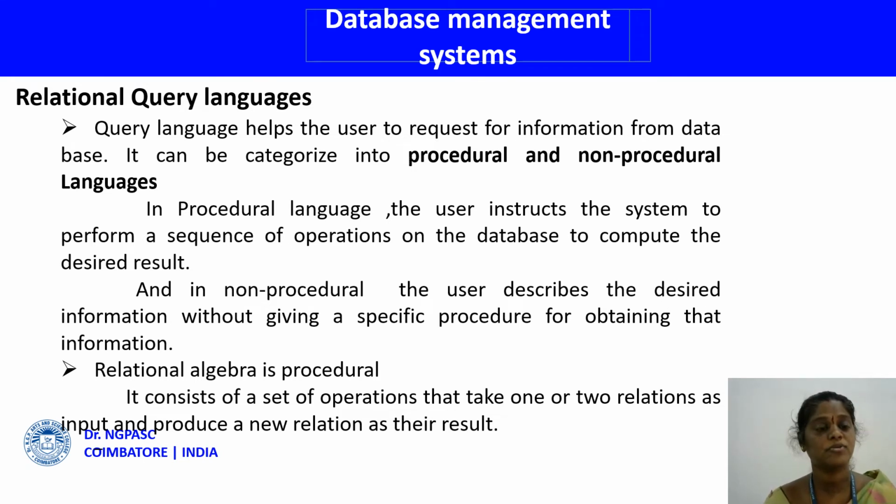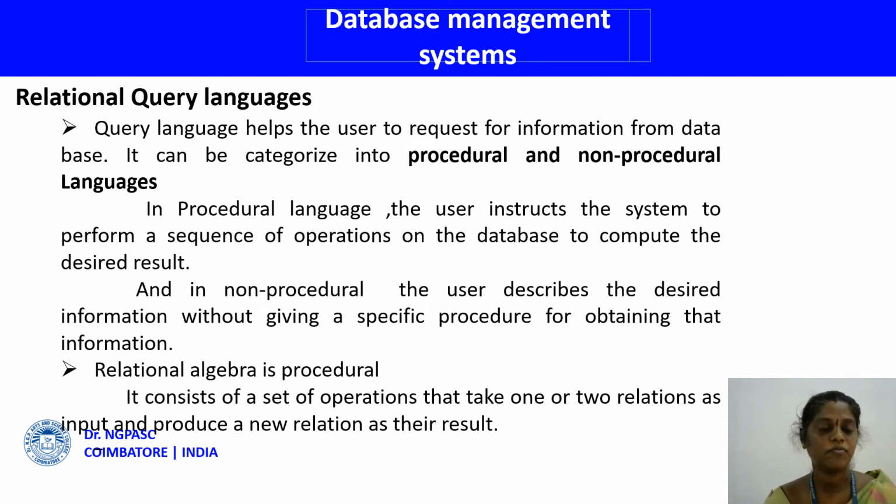And in non-procedural language, the user describes only the information: just I want this information, without giving a specific procedure for obtaining it. So he will just say, I want this and this. The user will say I want only the name and the balance from this, but he doesn't know the procedure, how to get or how to link them.